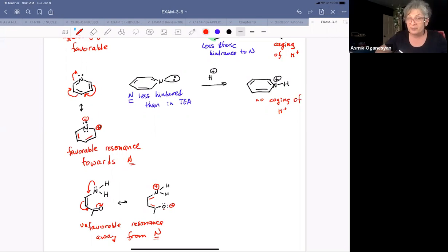A weaker unfavorable effect will be the inductive effect. So let's take a look at an example here.